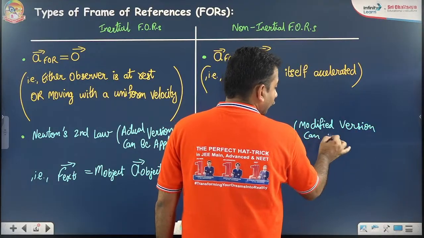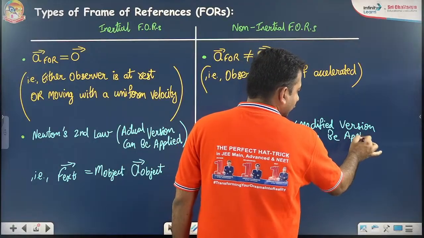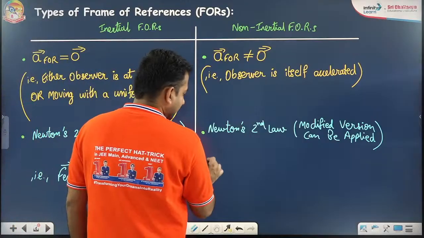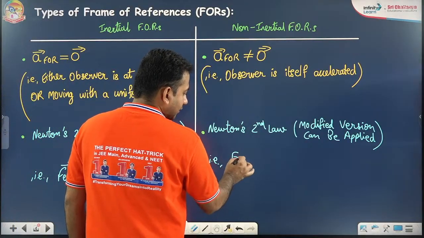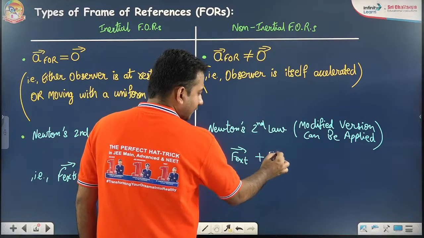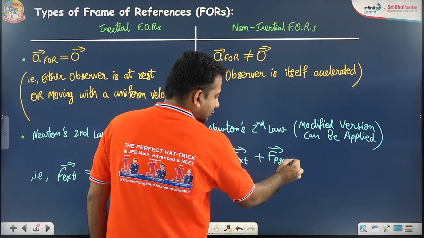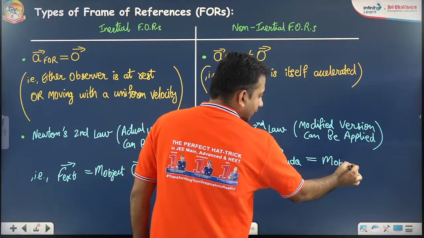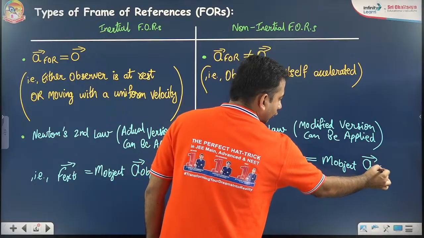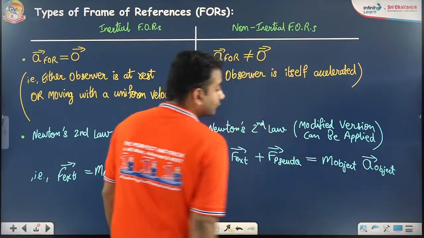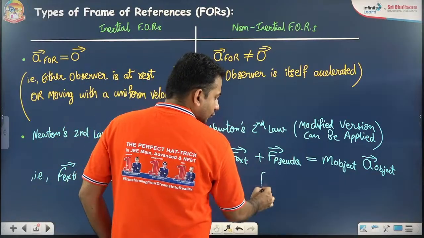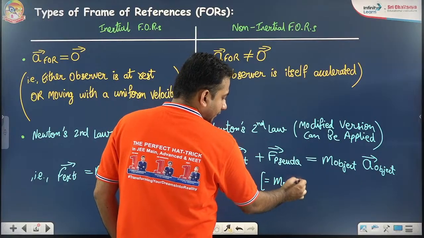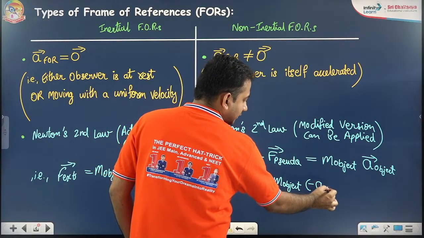What do we mean by modified version, sir? What is that modification? That modification is the consideration of pseudo force. That is, F external plus F pseudo will be equal to mass of object into acceleration of the object, where pseudo force is equal to mass of object into minus of acceleration of observer.